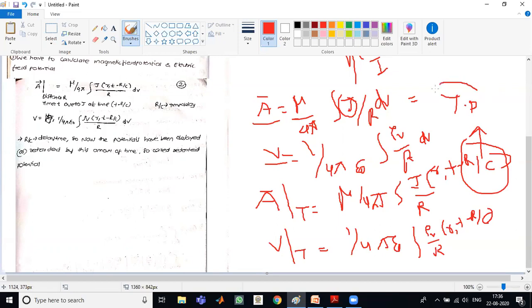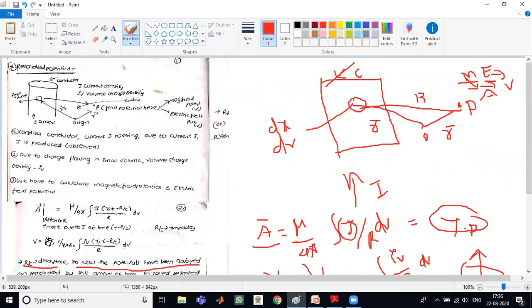This concept of time delay induces the retardation by an amount of time, so it is called the retarded potential. That is, R by c is known as time delay. So now the potential has been delayed or retarded by the amount of time, so they are called retarded potentials.